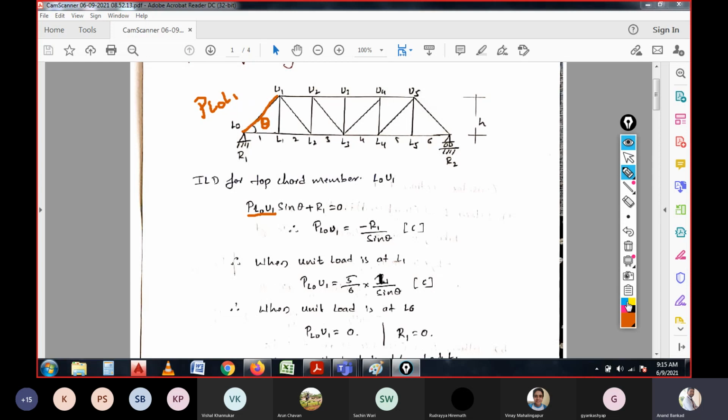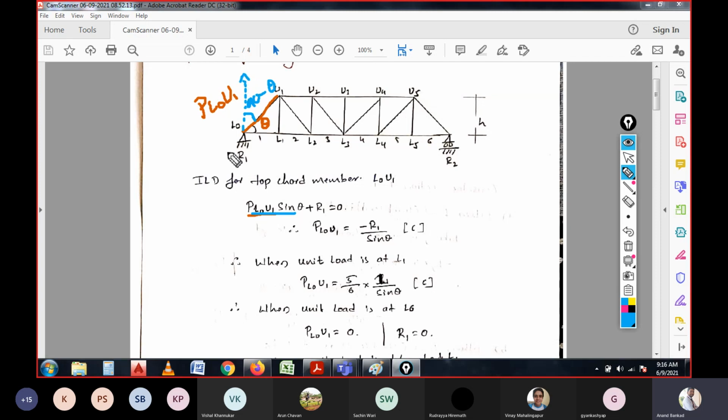So if you resolve that force to the vertical, then P L0 L1 can be written as P L0 U1, this is U1 and L0 U1, with sin theta, because this is 90 minus theta, right? So since it is 90 minus theta, that can be written as P L0 U1 sin theta, and it is moving away from the joint.